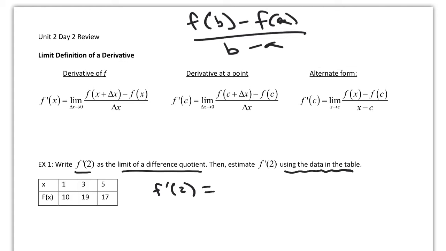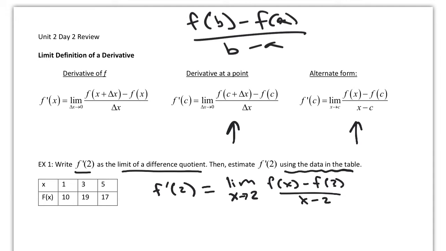And since this is at a specific point, I either need to use the derivative at a point or the alternative form of that. So if we're going to use, let's say, the alternative form, we'd have the limit as x approaches 2 of f of x minus f of 2 over x minus 2.